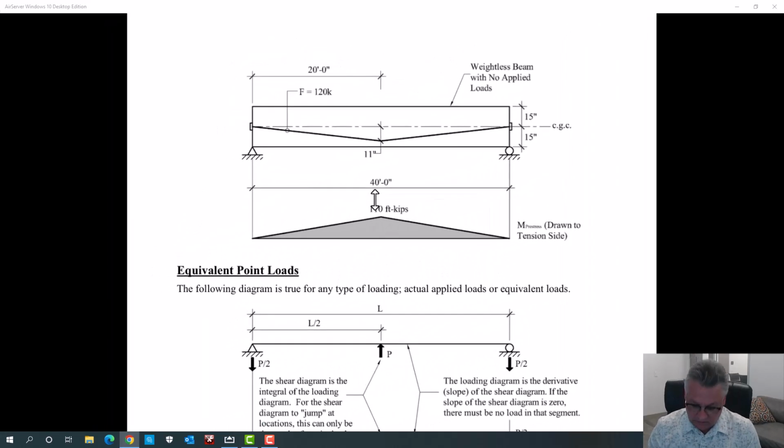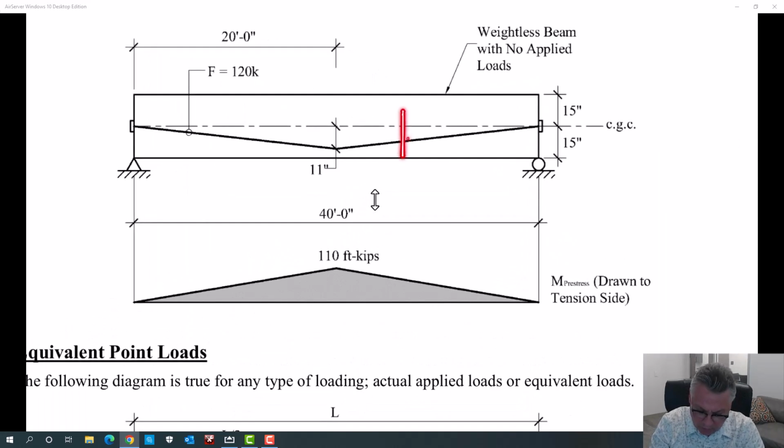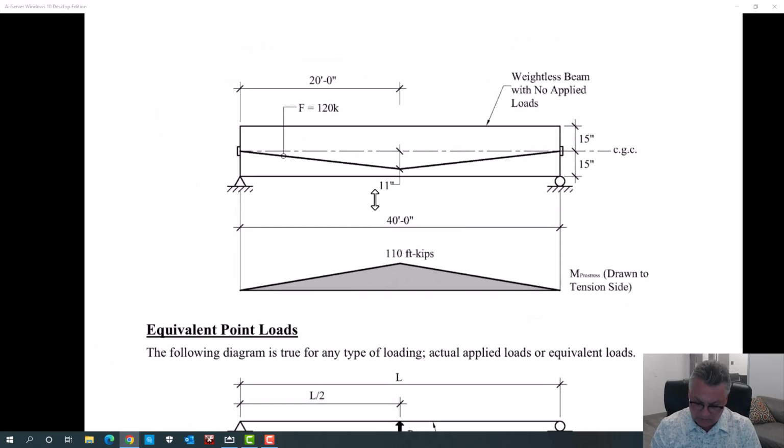Okay, so let's calculate that primary pre-stress moment diagram, and we'll draw it to the tension side. That primary pre-stress moment diagram at every point is the force times the eccentricity at any point. So the eccentricity here is 0, so that moment diagram will be 0.